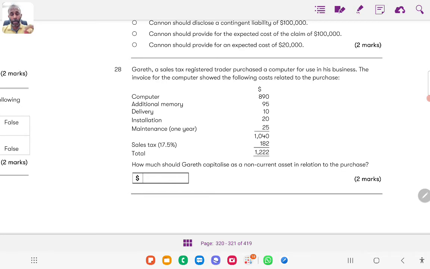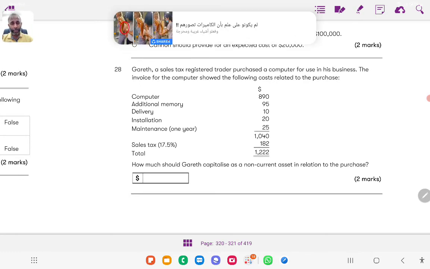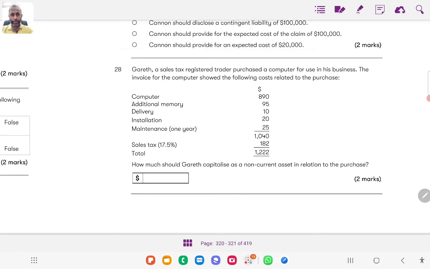Now what's the question? How much should G company capitalize as a non-current asset in relation to the purchase? The cost of the computer you should capitalize, additional memory you should capitalize, delivery cost yes, installation yes, but maintenance for 1 year is a subsequent expense which you will not capitalize along with the cost of the computer.